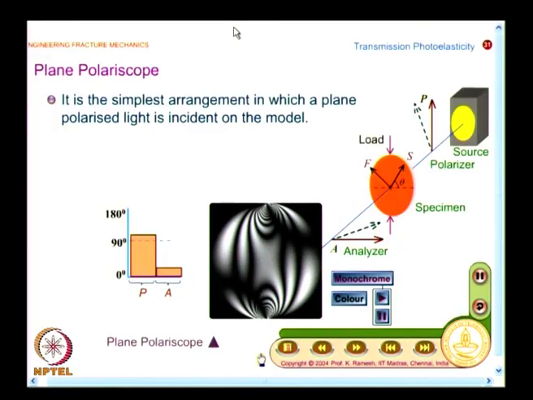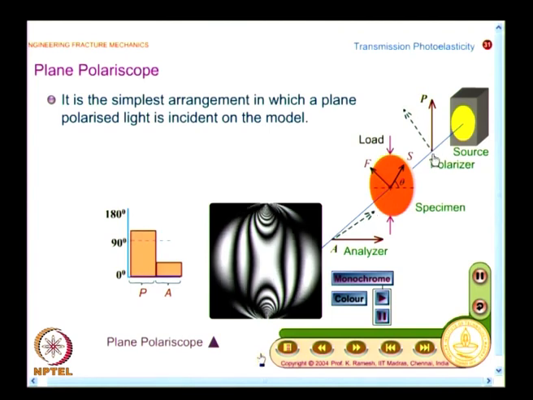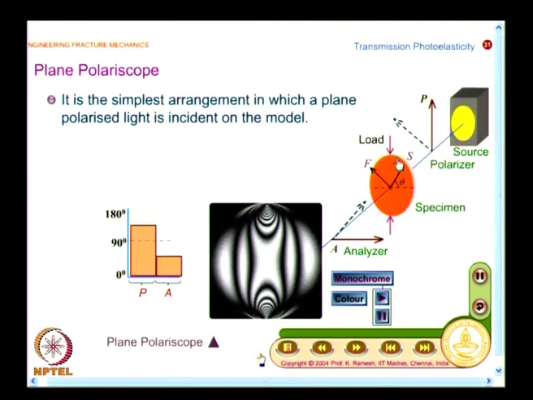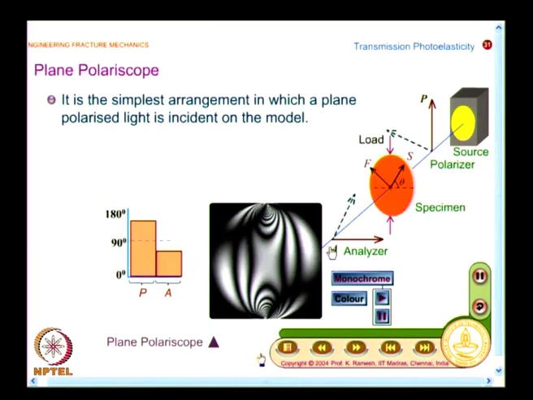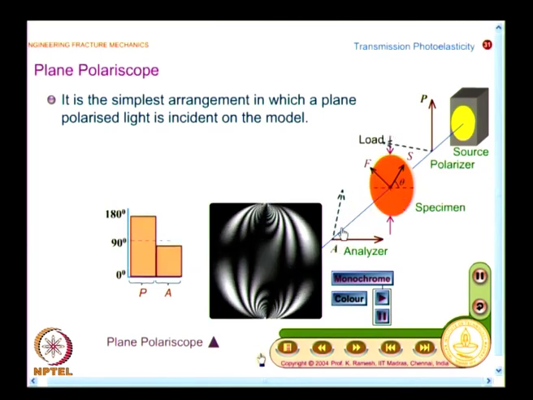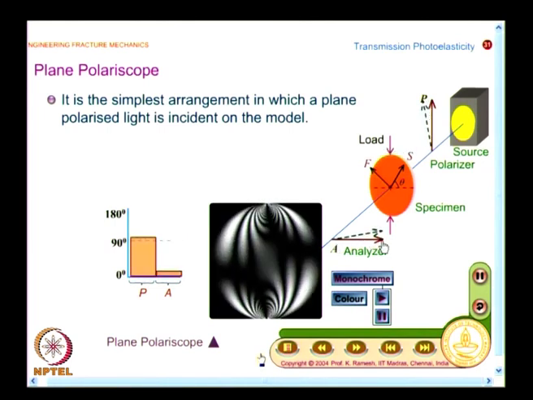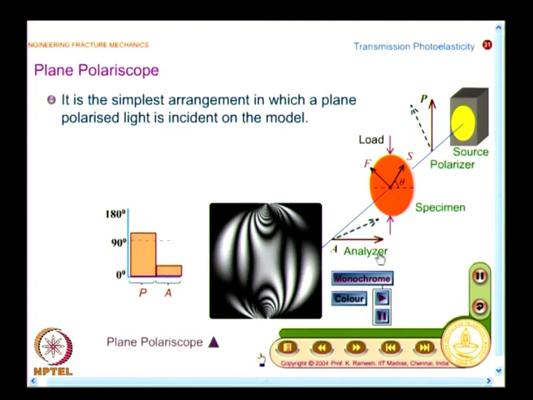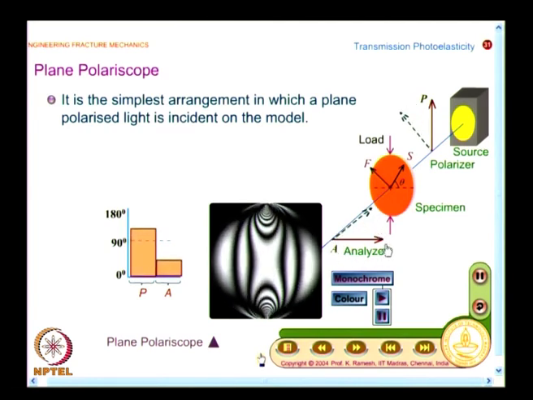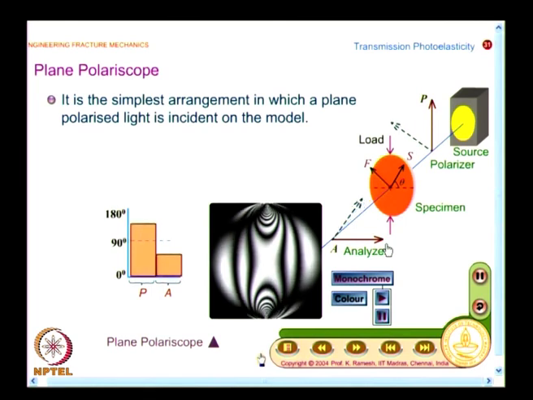Now, the next aspect was that we need to find the fringe order, and we need to have an optical arrangement. We started with a plane polariscope. In a plane polariscope, what did we see? We had a light source, then a plane polarizer, then a loaded model, and you analyze the light that comes out of the model by an element similar to the polarizer, but with a different axis. Because you do the analysis of the exit light ellipse, you call this the analyzer.